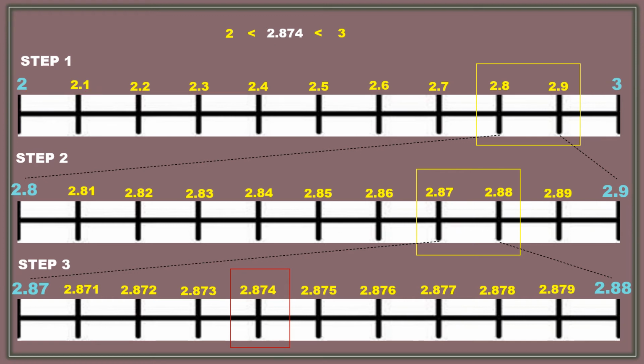Now after the decimal you have 2.8 and there is continuity, so it will be in between 2.8 and 2.9. Now we know this number is in between these two, so we will take the numbers from these two. Successive magnification means we will observe the numbers in between these two.